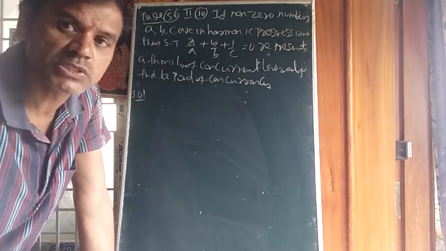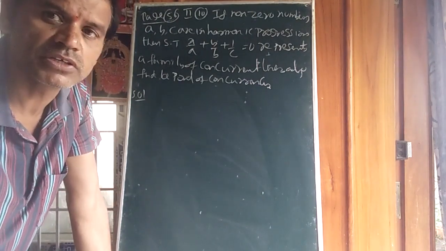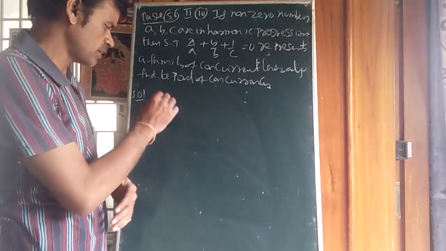Before discussing this one, we need to understand the condition of harmonic progression: 2/b = 1/a + 1/c, the reciprocal of arithmetic progression.